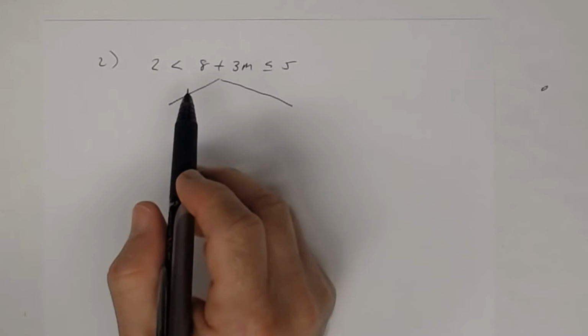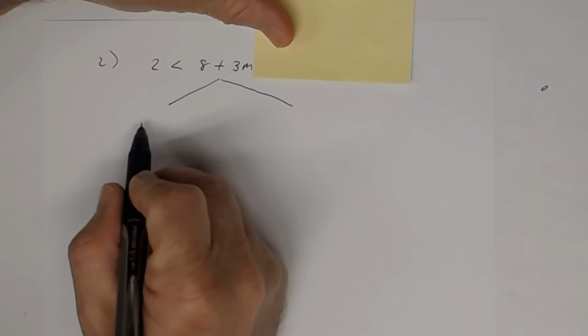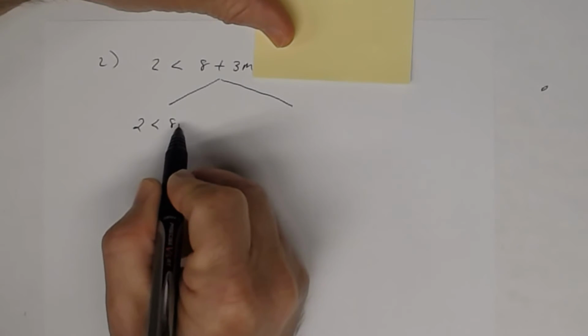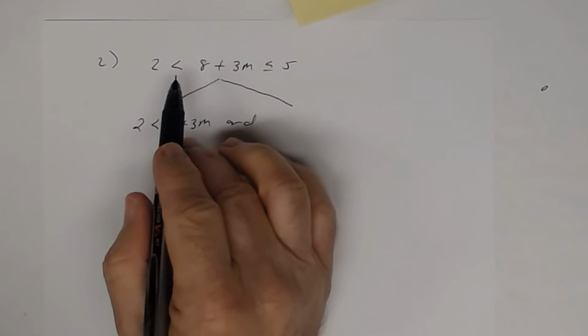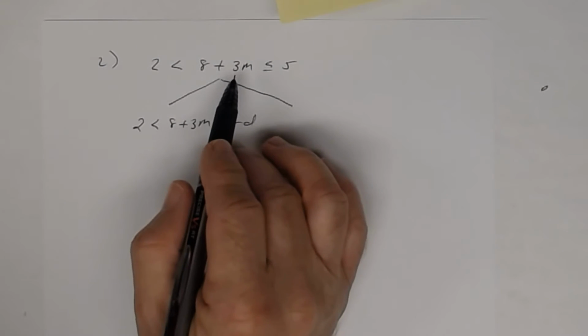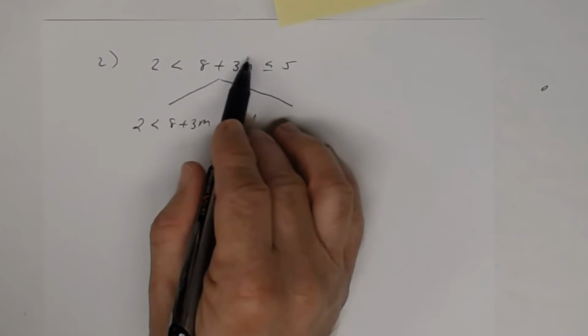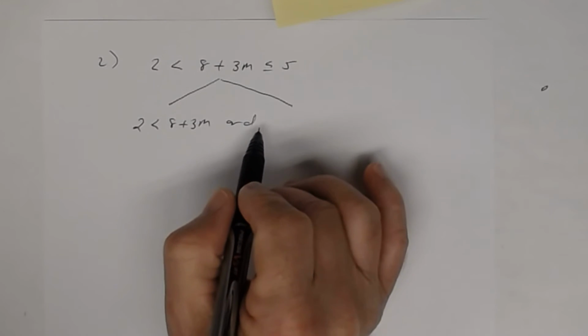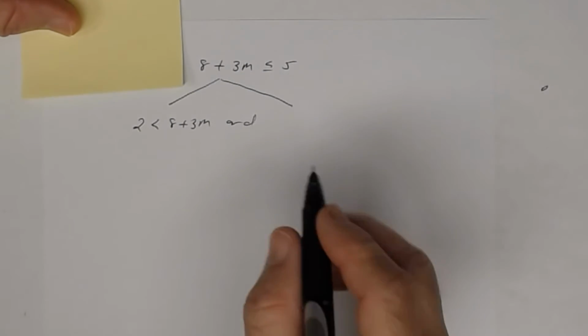I'm going to write this one first and cover up this part here. So we have 2 is less than 8 plus 3m, right? So I'm finding the solutions to this. The solutions to this compound inequality would be any real number for m in which 2 is less than that value, and at the same time, that must be less than or equal to 5.